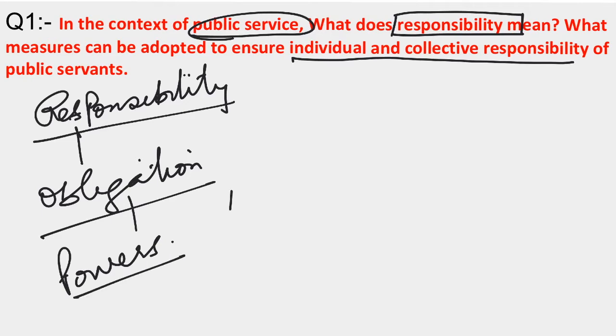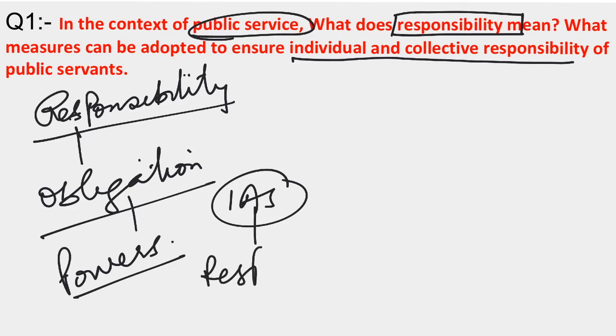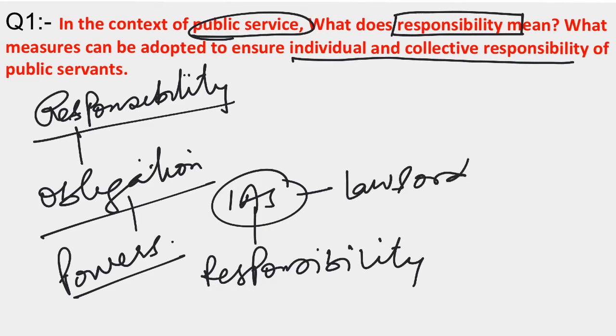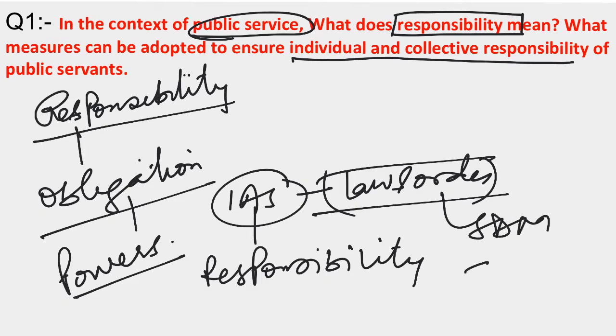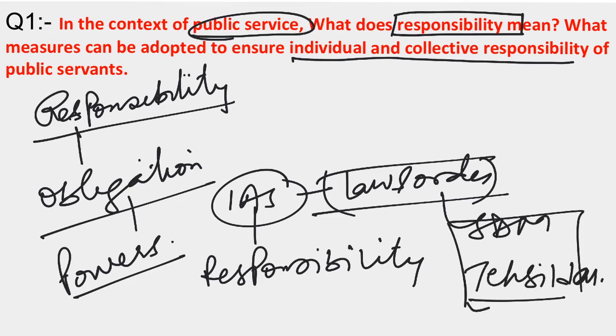For example, an IAS officer can delegate his power, but he can never delegate the responsibility. For example, something happens in his district with respect to law and order, and he has delegated the function of law and order to the SDM or Tehsildar. Then also they will not be responsible. He will be responsible, being the king of the district.